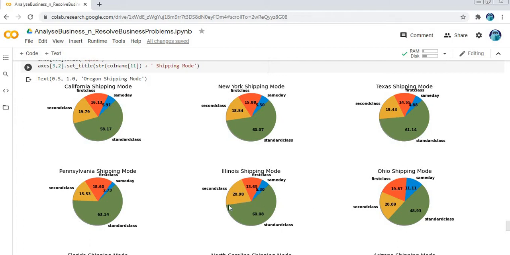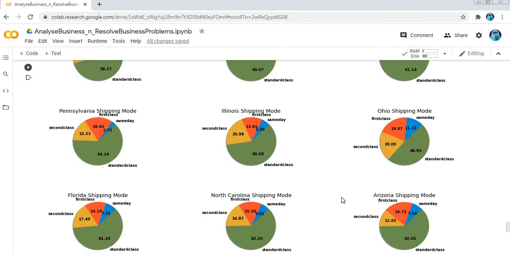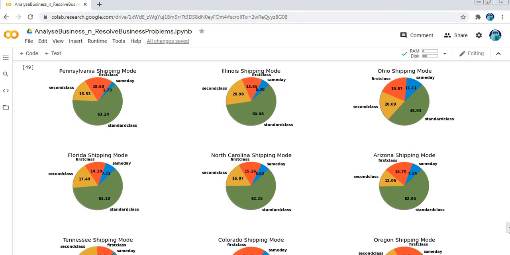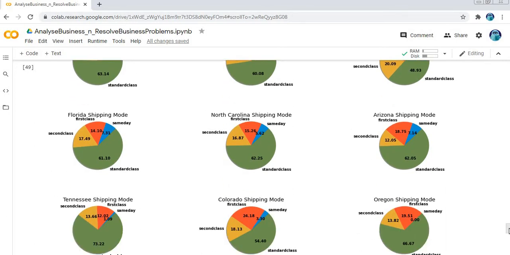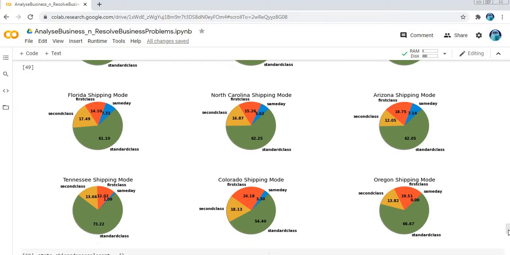The first class percentage is in the same range, and the second class is even more than the states that are performing better. So these 10 states are doing fewer sales, but their mode of transportation is also the same as the states which are performing well.